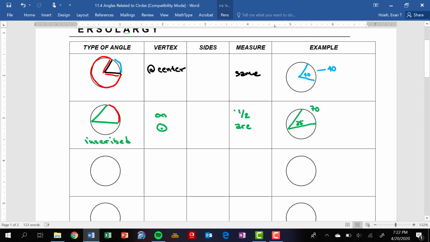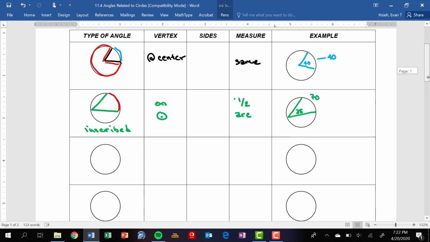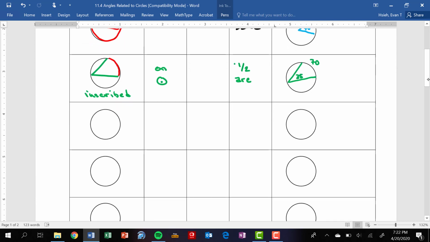The next type of angle is called a tangent chord angle. So you have a tangent and then a chord of a circle, and its vertex right there is also on the circle, and it also is half of the intercepted arc.